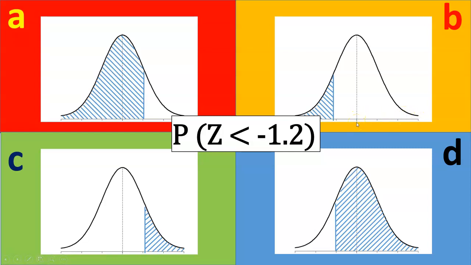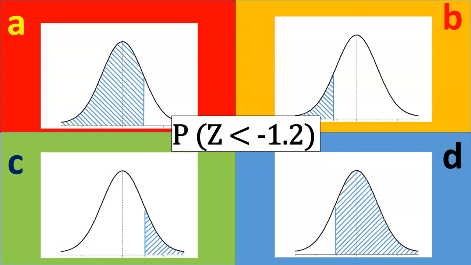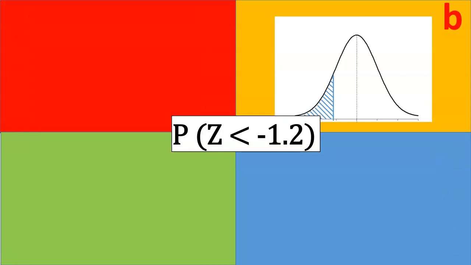The scale will change each time, but this is the standard normal distribution, so the mean is always 0. So which one of these diagrams represents the probability that Z is less than negative 1.2? Hopefully, you think it's this one. That's correct. So I'm going to just go through a bunch of these. Each time, decide which one is the best representation.